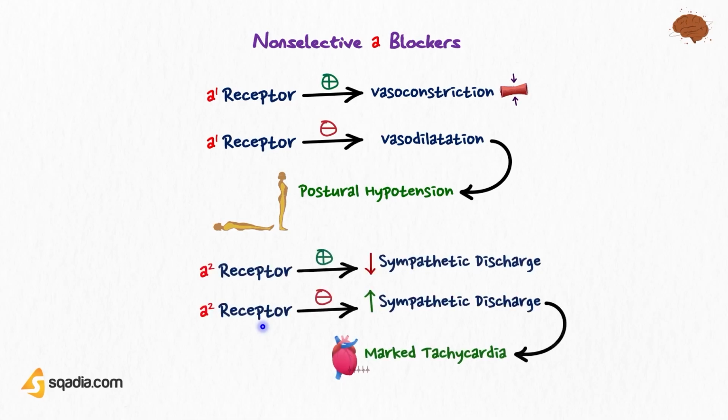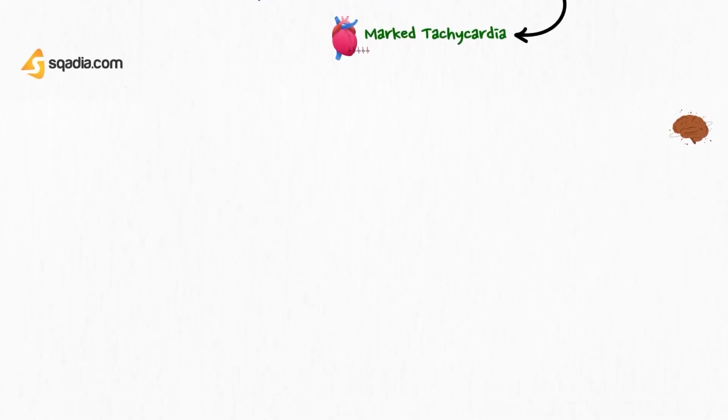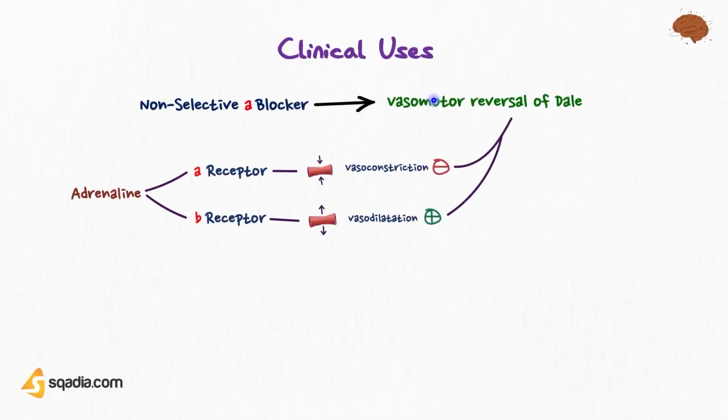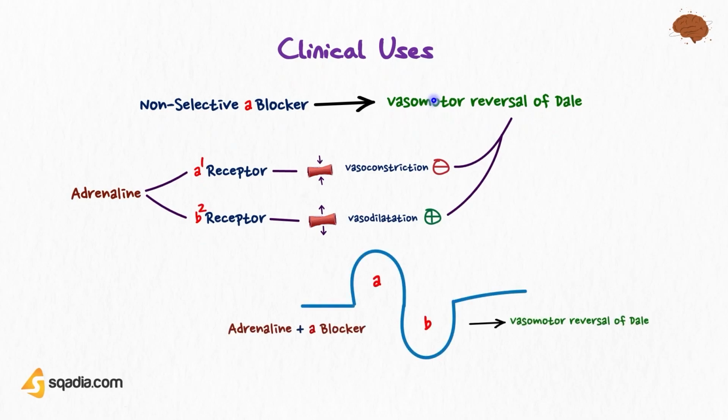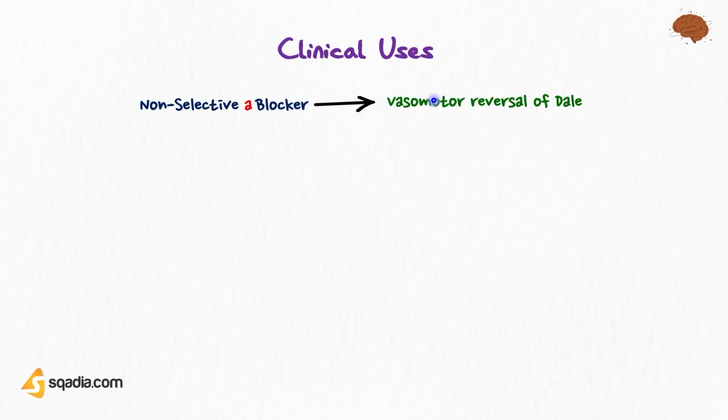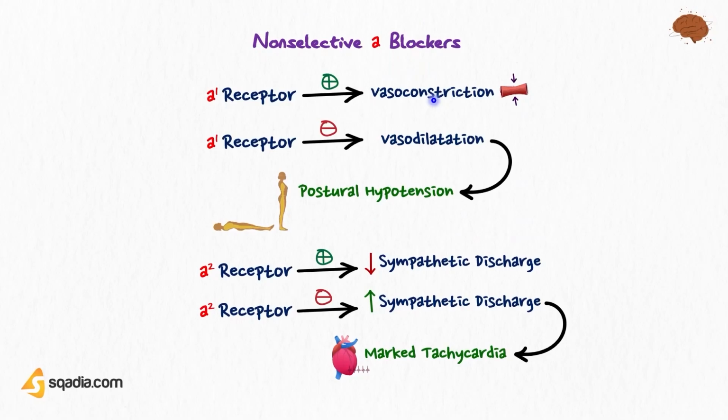Again, we have discussed what are the physiological functions of the alpha receptors. So the alpha 1 receptor promotes vasoconstriction, and the alpha 2 receptor, which we discussed here, decreases the sympathetic discharge.